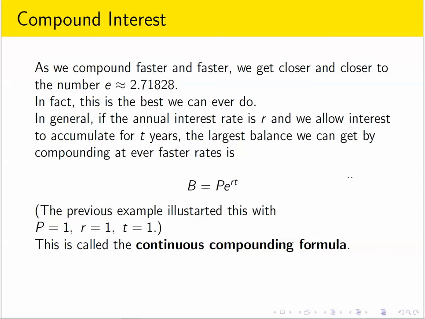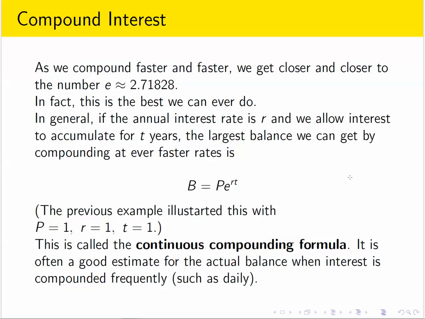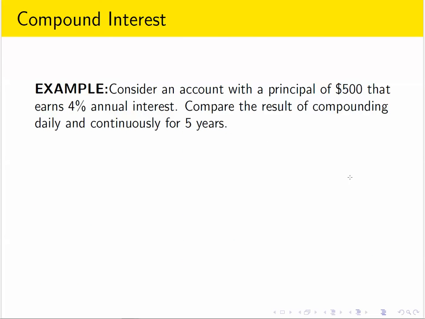There's no such thing as continuous compounding. A bank computer cannot actually apply interest every single instant of time that passes. But this continuous compounding formula gives us a good way of estimating the actual balance when you're compounding fairly frequently. For example, daily, as many banks do. To see that, let's look at an example.